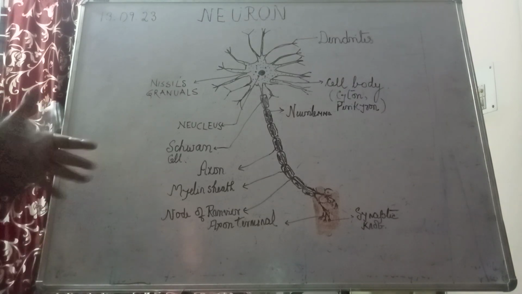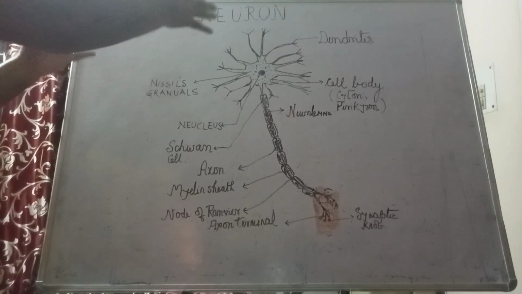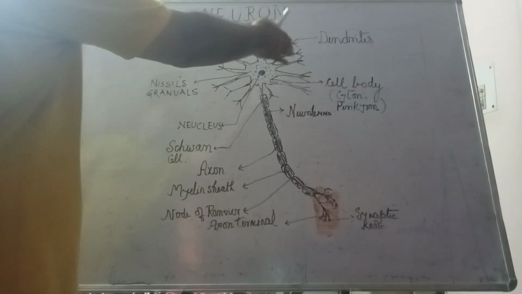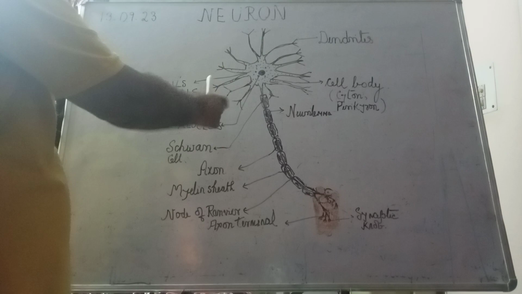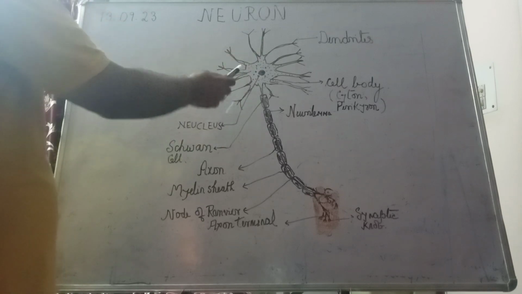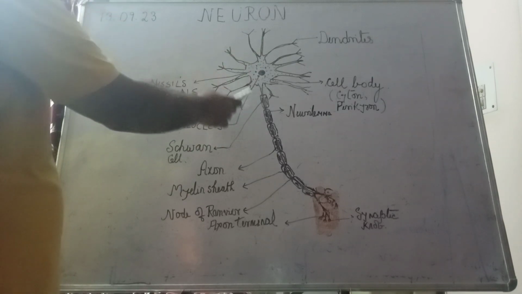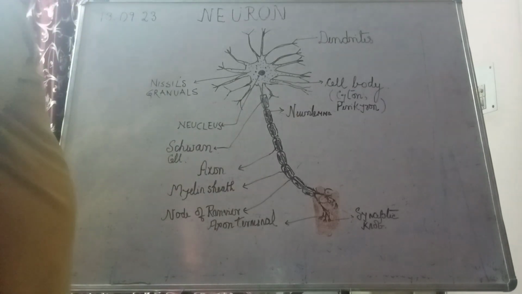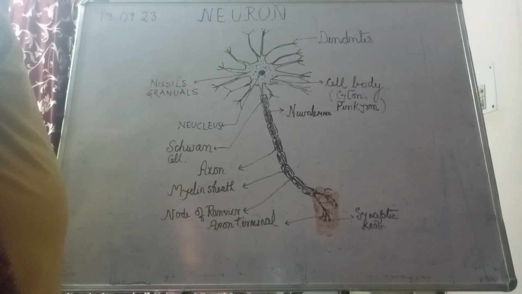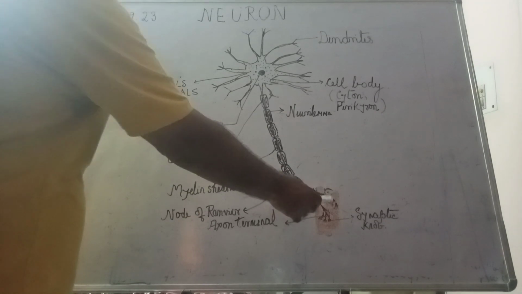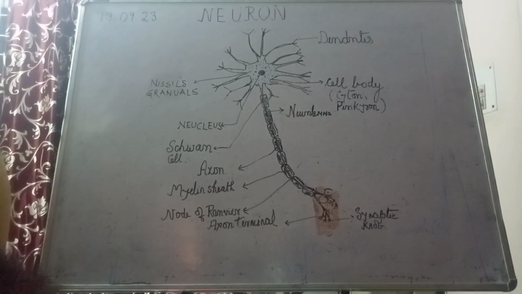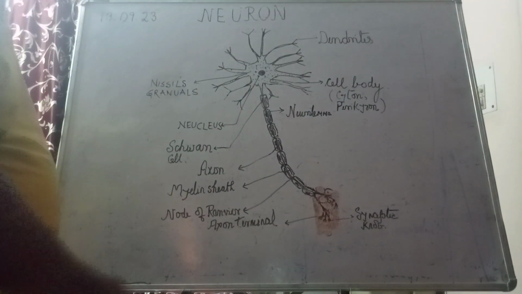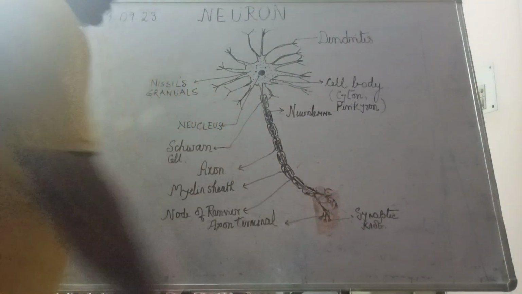Okay, then we come to the normal concept, that is impulses being received by dendrites and then carried to the cell body. The cell body is further carrying the impulse, nerve impulse, through the axon, which is the long fiber, to its terminal end in the muscles, and at the end of these terminal endings, synaptic knobs are there.